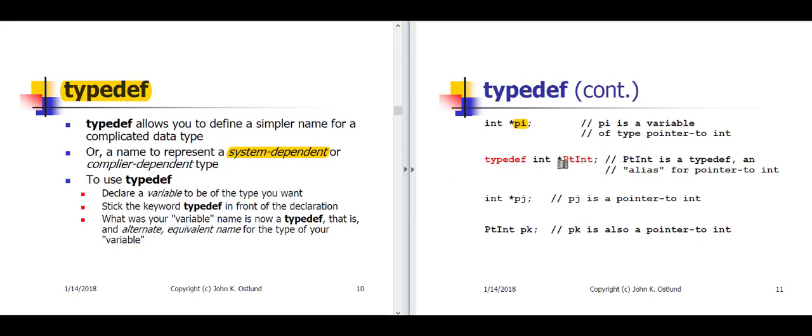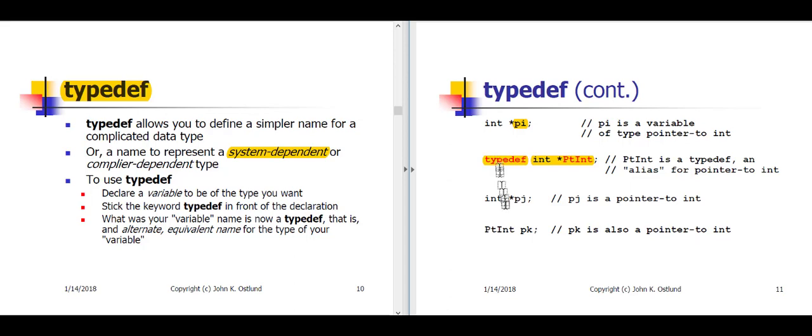Well, if you write down what looks like a variable declaration, giving the name that you want to use as the variable name, so in this case I want to use pointInt instead of int space star, so I write down int space star pointInt, and then I simply stick the word typedef in front. What had been a variable is now a data type name.